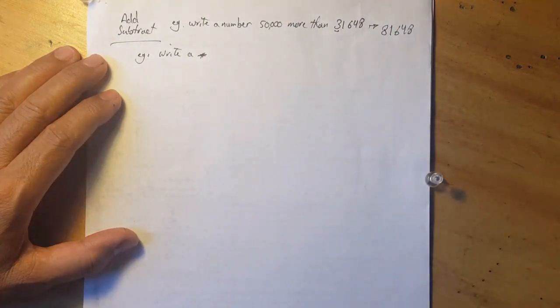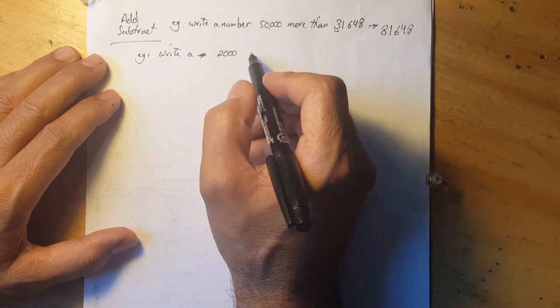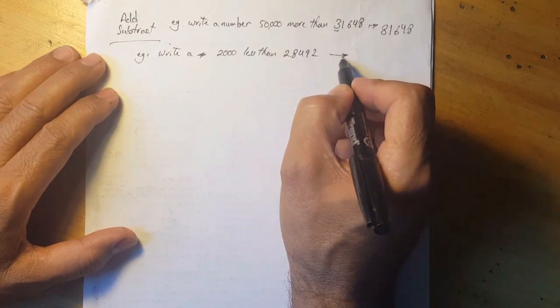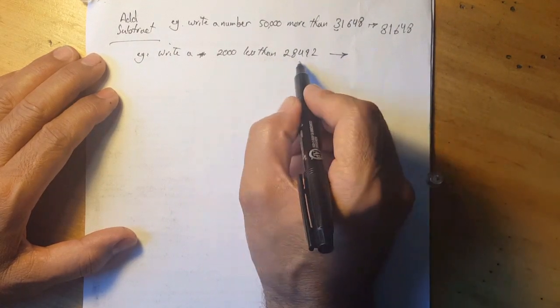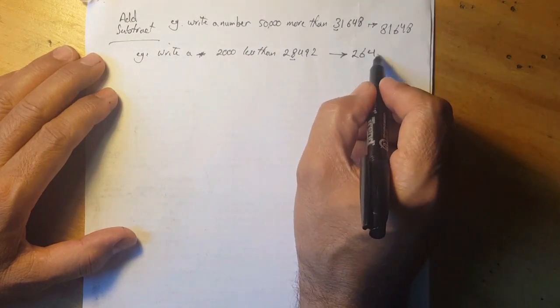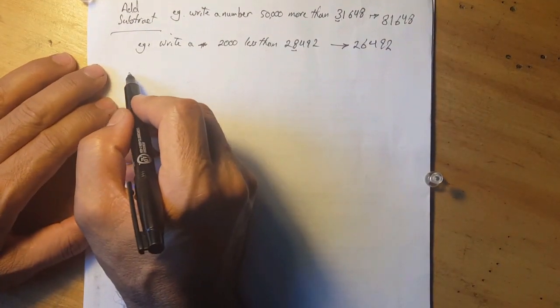Another example is, write a number 2,000 less than a certain number, such as this. Obviously, we look at the group of 1,000, which is 8, and subtract 2 from it, so it's going to be 26,492.